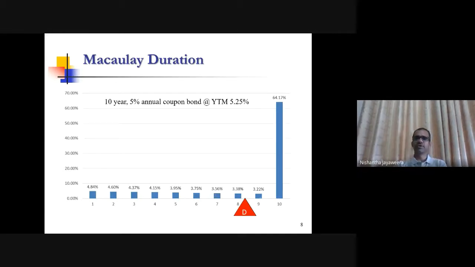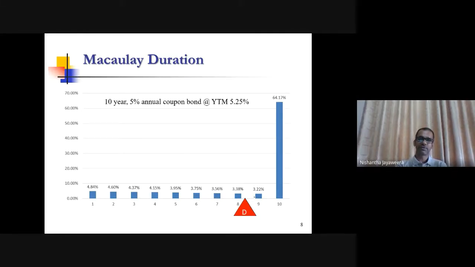So if the coupons are high, what would happen to these cash flows or these weights? If the coupons are high, the balancing point might move to the left. Why? Because these cash flows would be high.